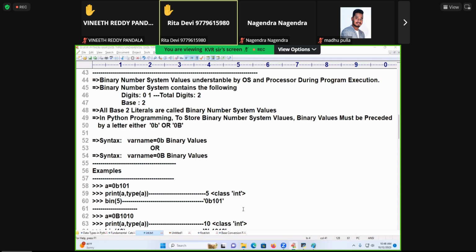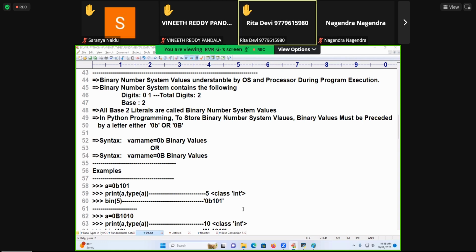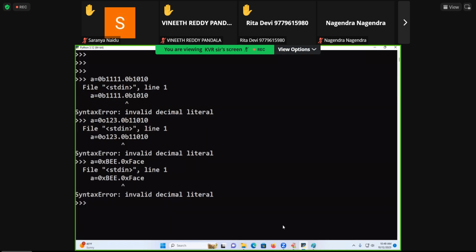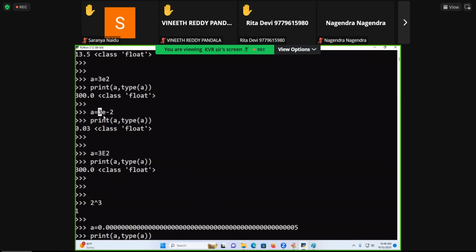Rita. Good morning, sir. Tell me, ma'am. Here you have told mantissa E exponent. I'm not getting this. What is this? Simple notation. Mantissa means like this. You see, I say 3e minus 2. Left side of e is called mantissa, which is 3.